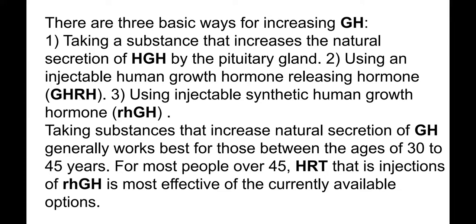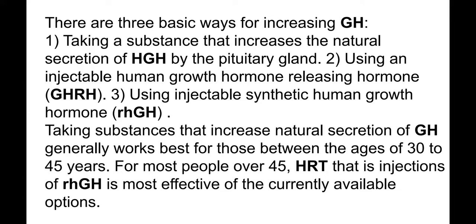We need signal molecules so that the gland will start to work. Also, we can use a releasing hormone, which gives again a signal molecule that releases growth hormone production from the pituitary gland.